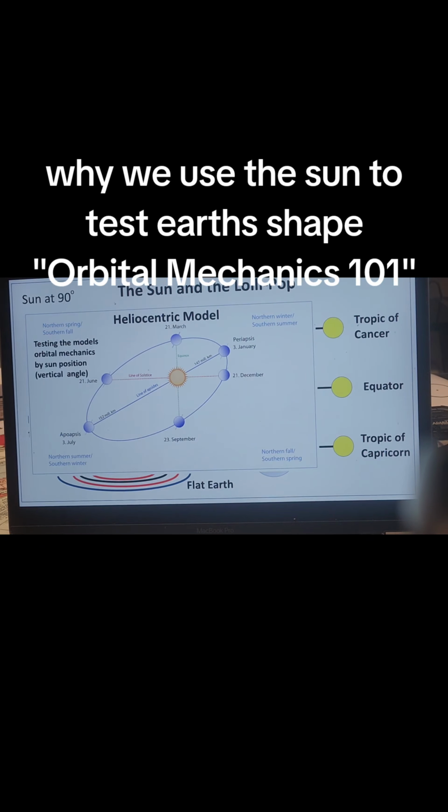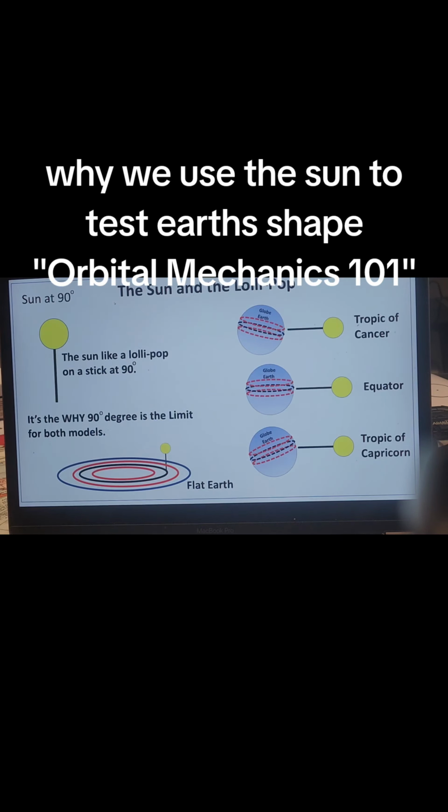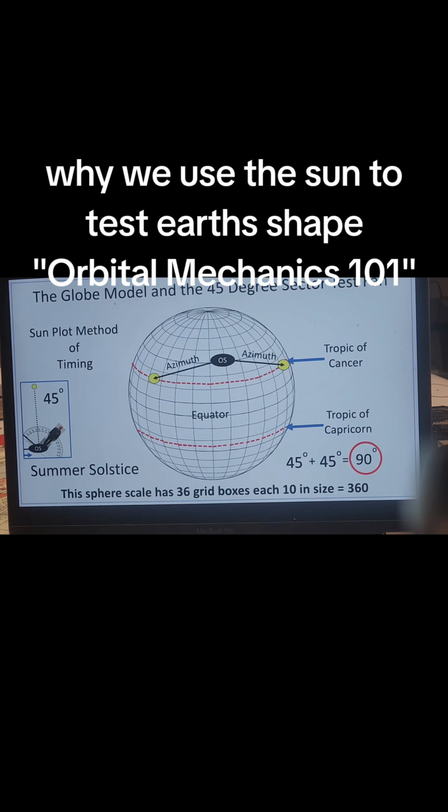So all we have to do is basically break down the model in sectors of 45 degrees. And how we do that for the globe model is by latitude and longitude. Very easy. We have a breakdown here where each of these latitude and longitude squares is 10 degrees.